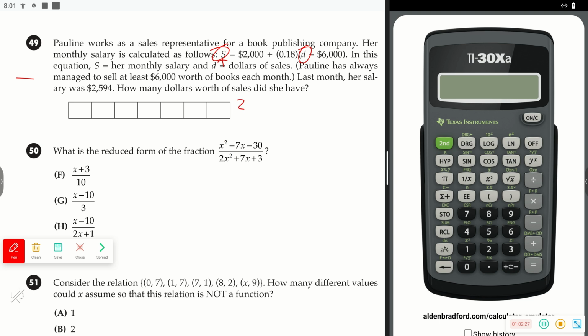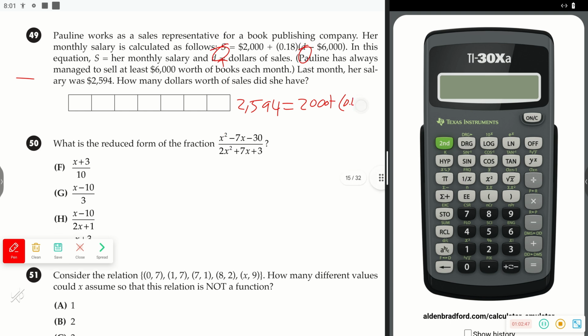So 2,594 equals 2,000 plus 0.18 times, I'm going to do a capital D, minus 6,000.